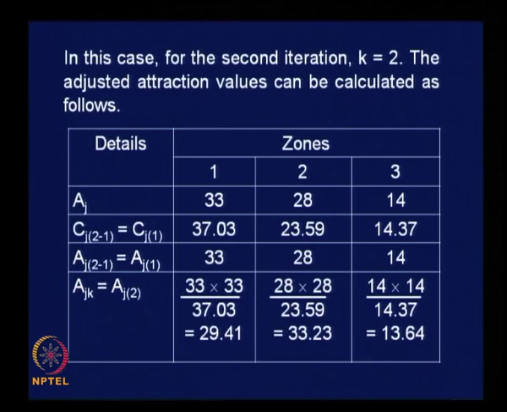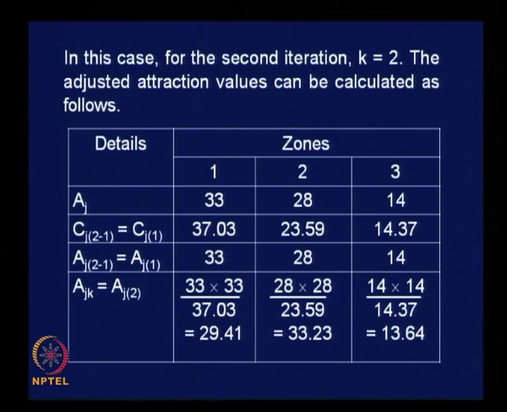That is how Aj1 is also given as 33, 28 and 14. Then use the correction formula, get the value of attraction Aj2 for the second iteration, and that is obtained as 29.41, 33.23 and 13.64.